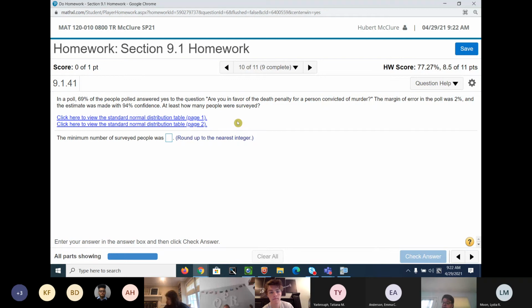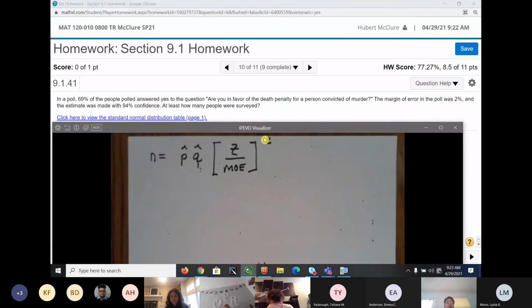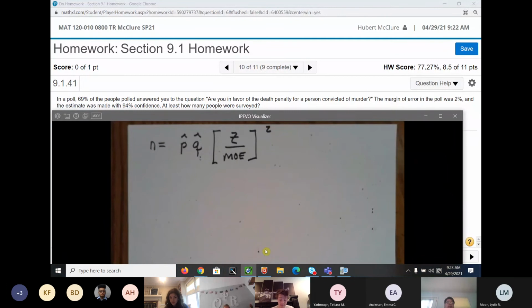So N is equal to P hat times Q hat times the Z-score over MOE raised to the second power. Okay, P hat is equal to what?